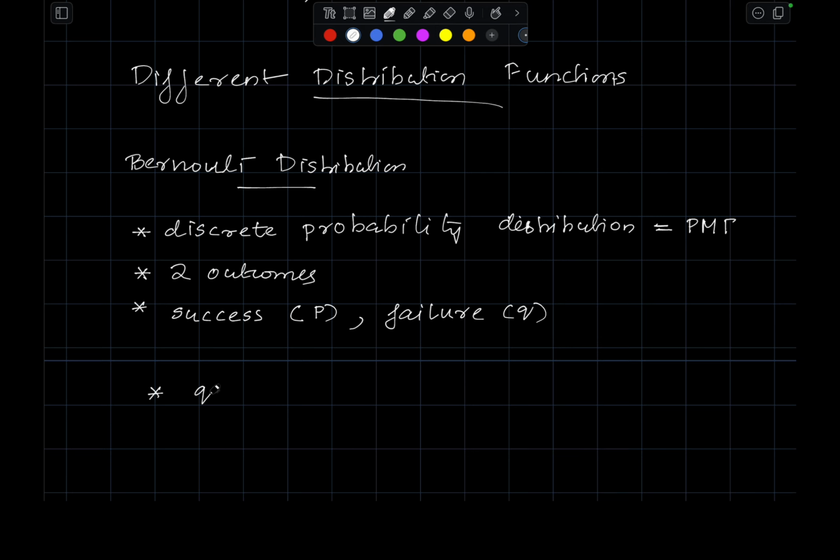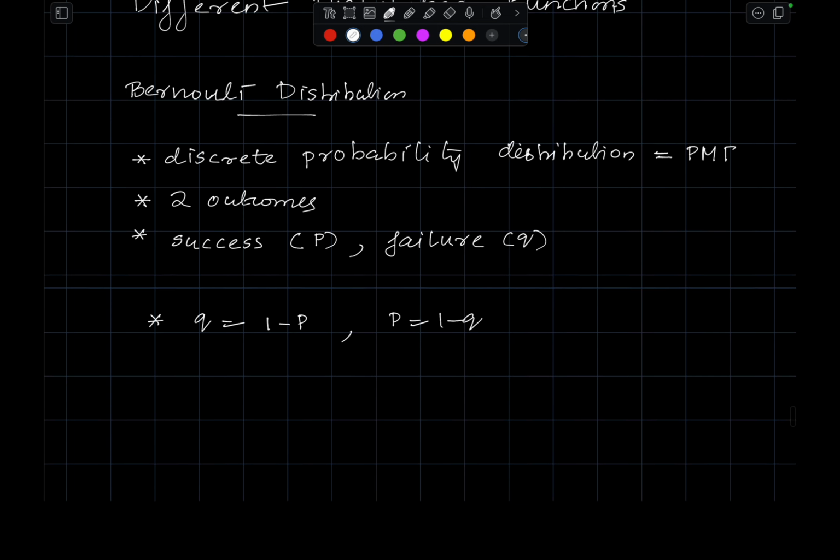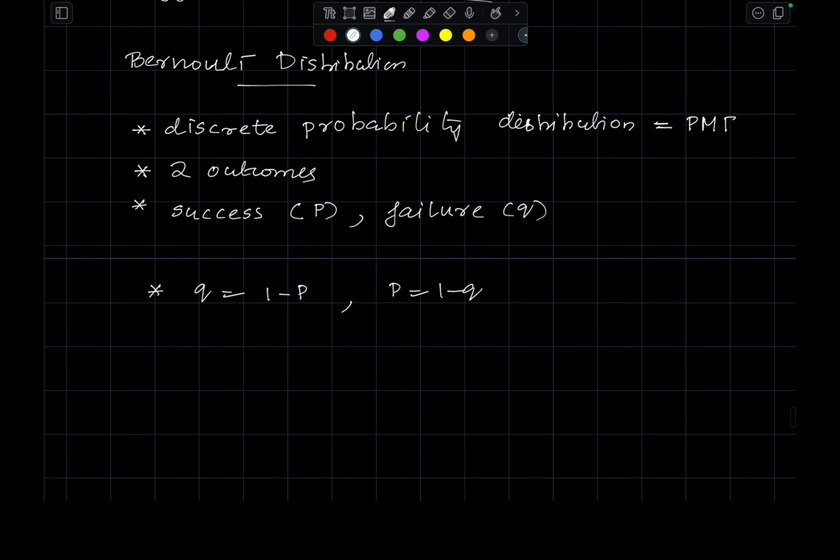So Q will always be 1 minus P, or similarly P will always be 1 minus Q. These are the main points which we have to keep in mind when we are looking into the Bernoulli distribution. It's a discrete random variable, and the outcomes will be binary.